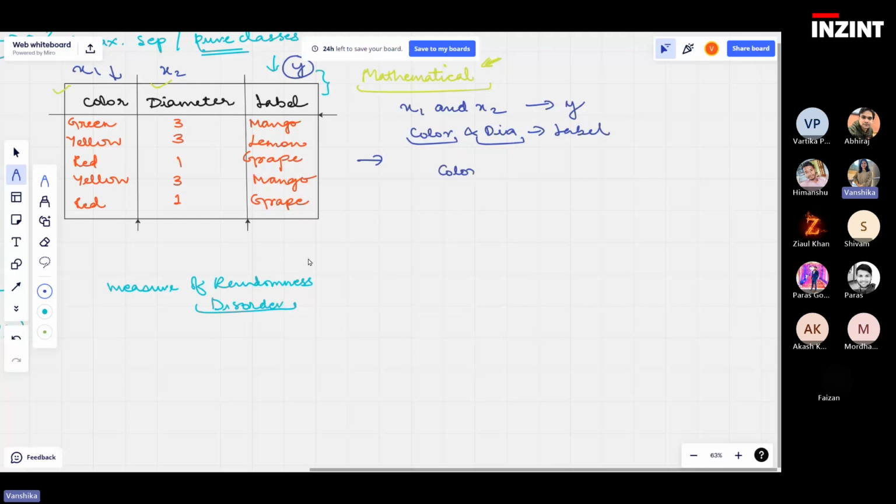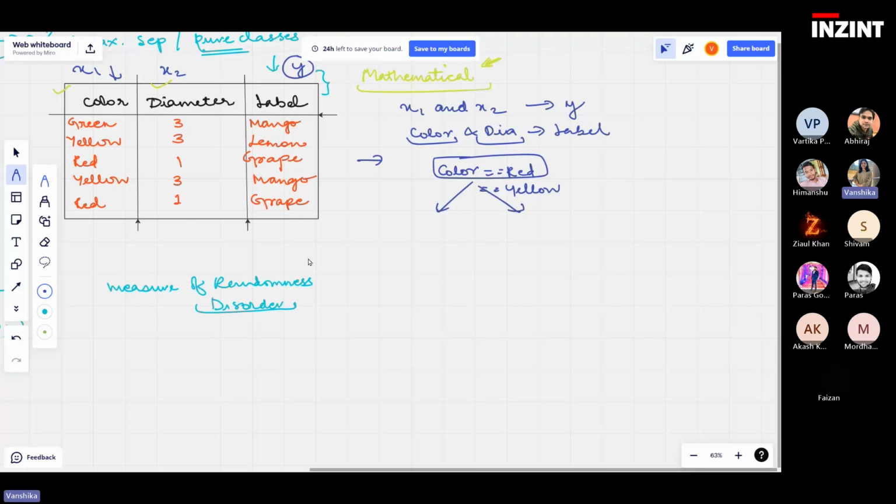Can I split based upon color? Should I ask a question about color, whether color is red or yellow? In color as well, I have three things that I can ask. So how to decide which thing to put at the node, and what is the question based upon which I should split my tree? I can use diameter equals 3. I can use diameter equals 1. So many things can be done.